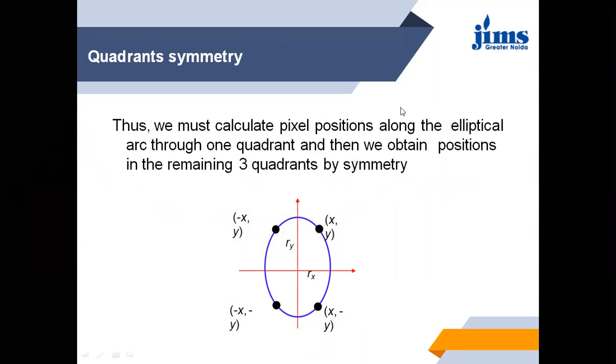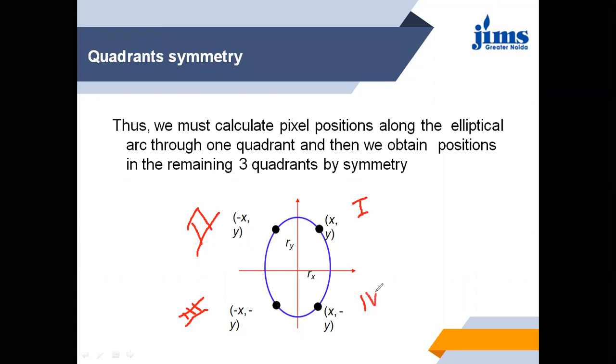in the circle, in all the quadrants, that is quadrant first, second, third, fourth, we can find out the values if we know the value in one quadrant, then we can find out the value in each and every quadrant. So in this case also it happens the same.